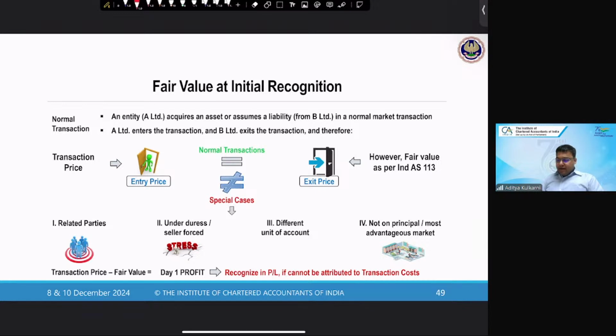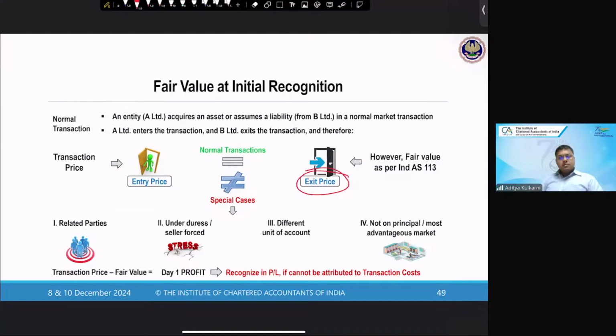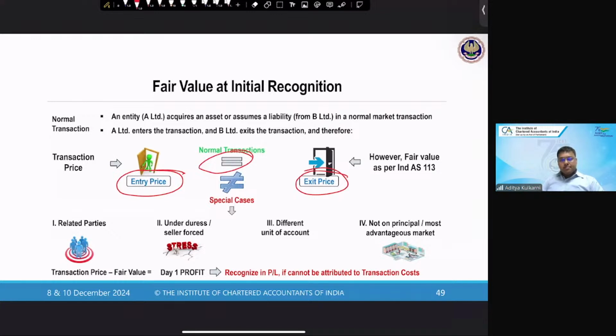Now, somebody's exit price will be the counterparty's entry price. If I am selling to someone, someone is also buying from the other side, right? So my exit will be that person's entry price. So ideally, entry price and exit price should be the same.